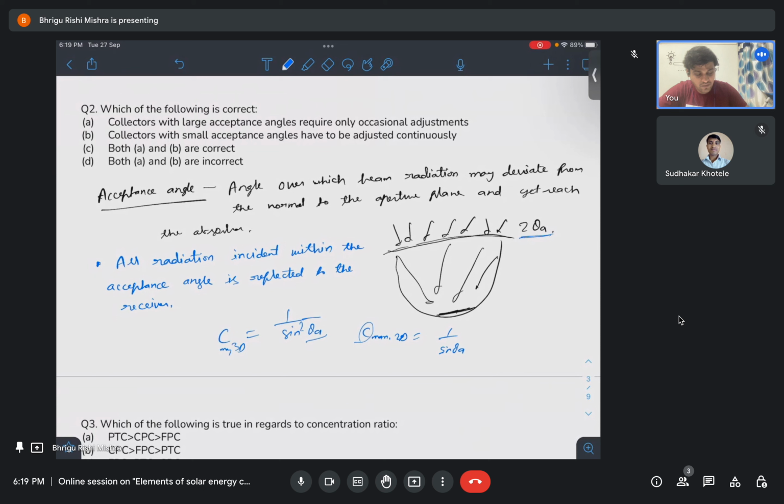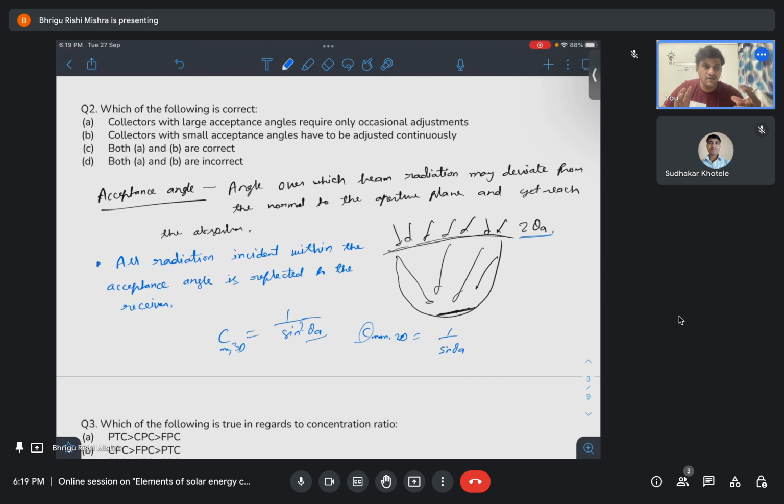So both are true. That means collectors with large acceptance angles require only occasional adjustments. Since they already have a very large acceptance angle, they can concentrate most of the incident energy to the receiver. Okay, so they need very little adjustment.